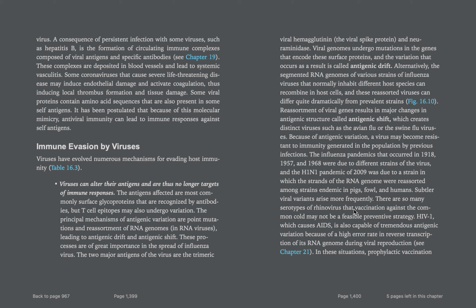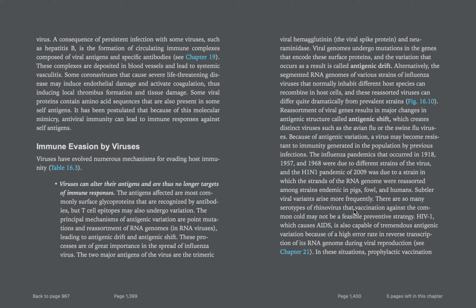The two major antigens of the virus are trimeric viral hemagglutinin, the viral spike protein, and neuraminidase.